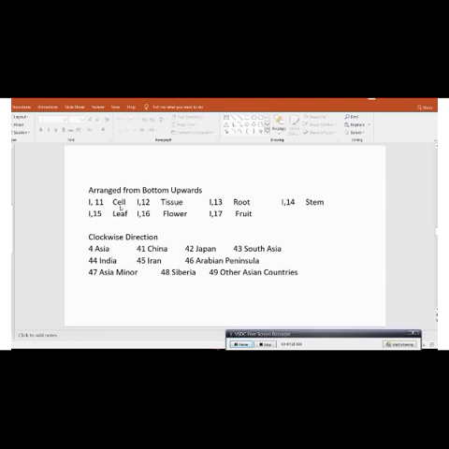I11 is the cell number, then I12 tissue, I13 root, I14 stem, I15 leaf, I16 flower, I17 fruit. How beautiful. Clockwise. Sometimes he arranged in the colon classification in the clockwise direction also.